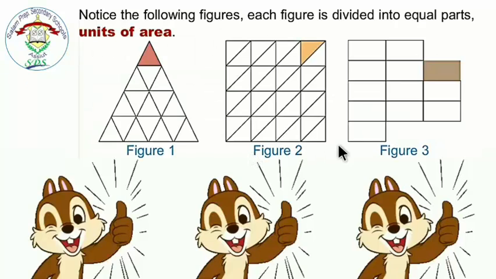Figure 3. This figure is divided into equal parts, each part in the form of a rectangle. To find the area of this figure, we will count all parts in the form of a rectangle. 1, 2, 3, 4, 5, 6, 7, 8, 9, 10, 11, 12.